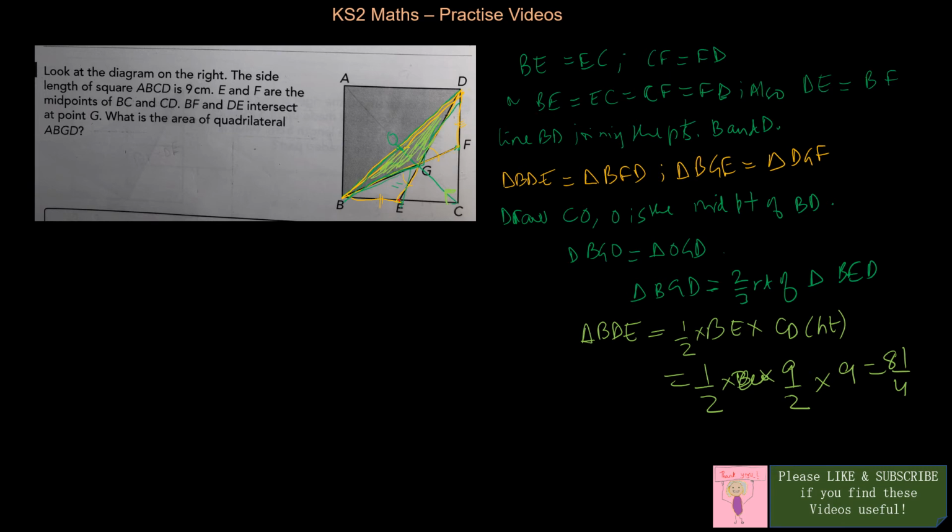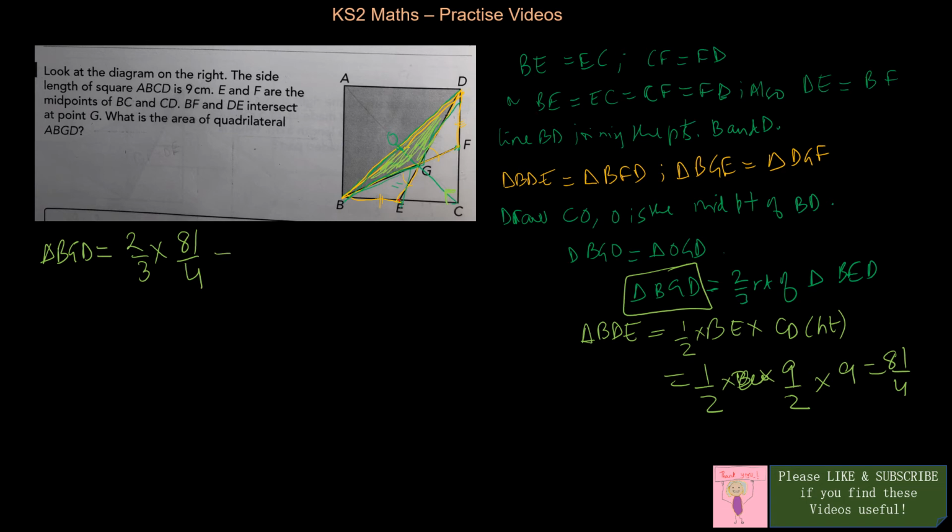Now we are concerned with triangle BGD. So triangle BGD equals 2/3 times 81 out of 4.